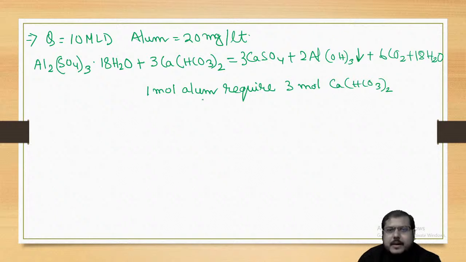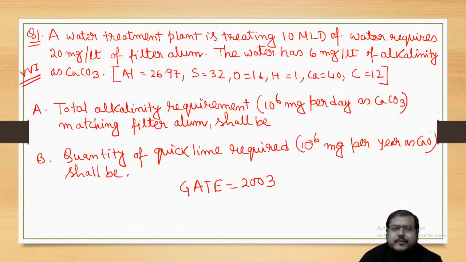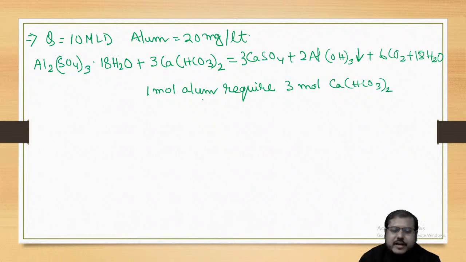तो भैया आपको पूछा क्या गया है question में? Total alkalinity requirement as calcium carbonate, लेकिन आपका रिश्ता किसके ऊपर हो रहा है? कैल्शियम बाइकार्बोनेट के हिसाब से। आपके पास calcium bicarbonate का रिश्ता है, आपको निकालना है calcium carbonate.